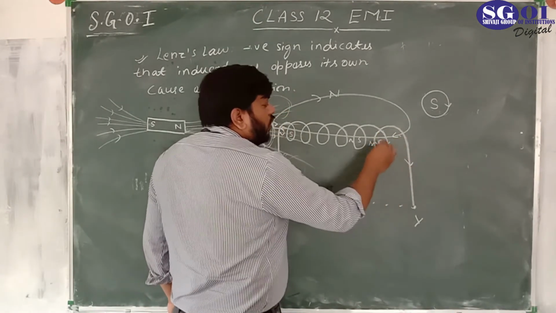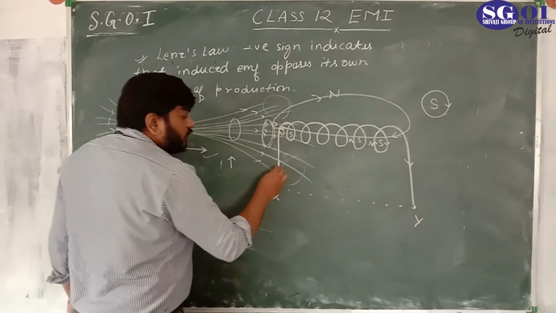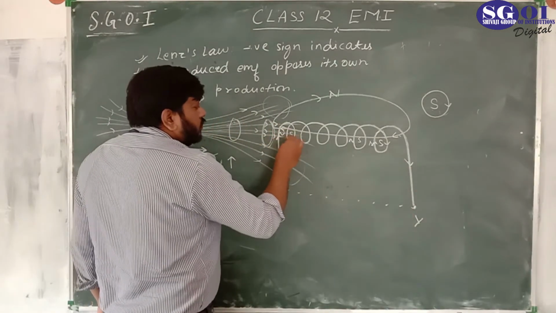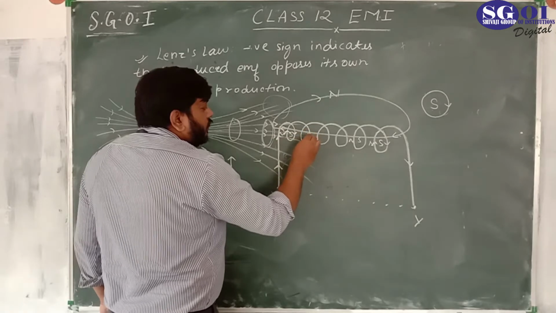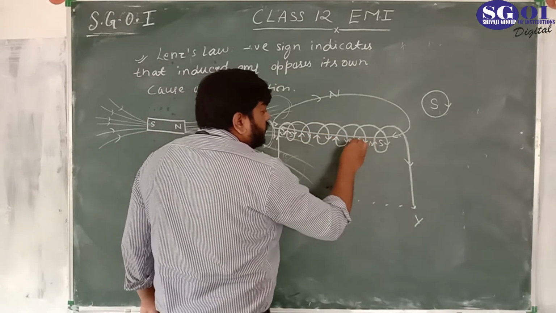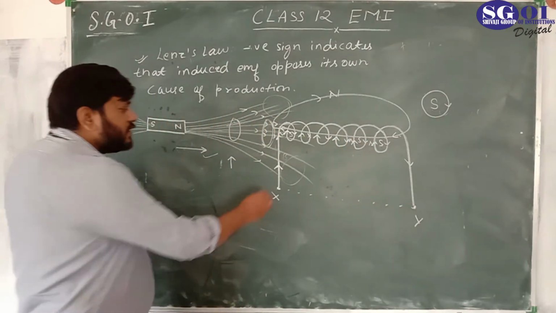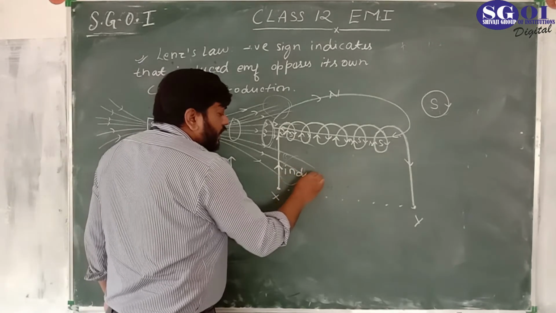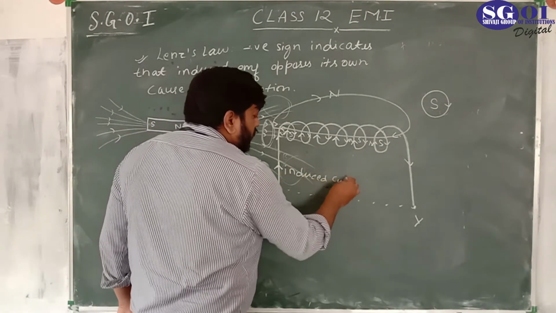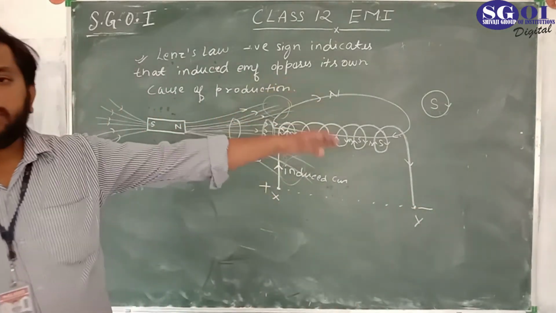So finally we have got the direction of the induced current, and the current is going from here, so it is coming from here. So finally we have the direction of the induced current for this particular situation. We know that this is positive, this is negative, because current flows from the positive terminal.